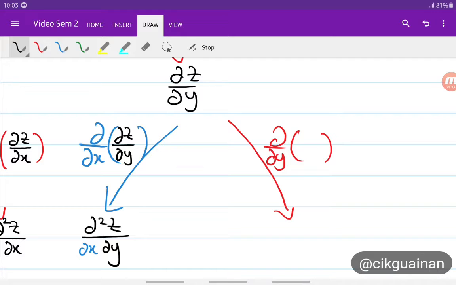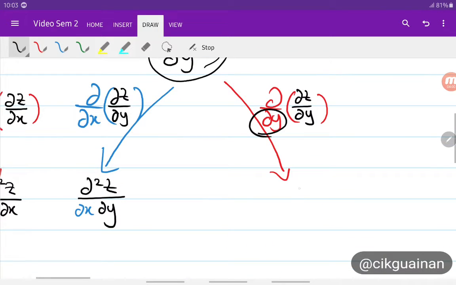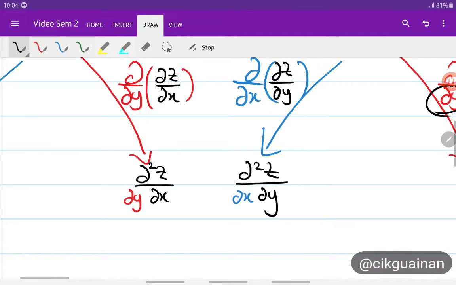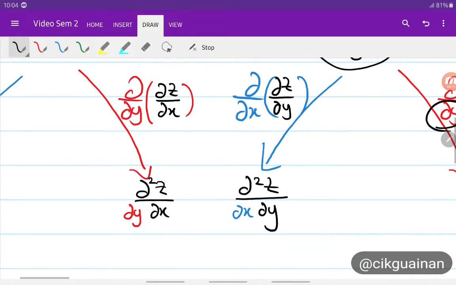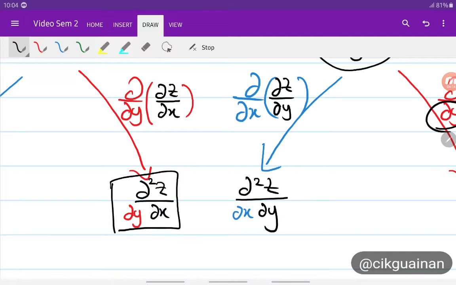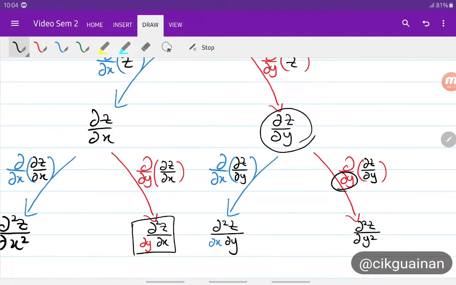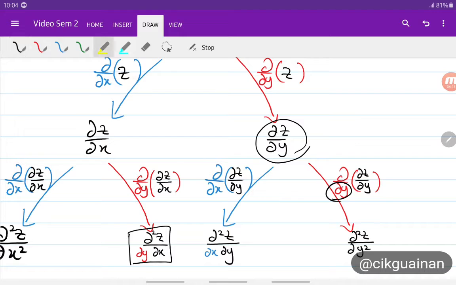How about this one? We want to differentiate ∂z/∂y with respect to y. So what we get is ∂²z/∂y². Now these two, please do not mistake them, because this one means we differentiate z with respect to x first, then with respect to y.